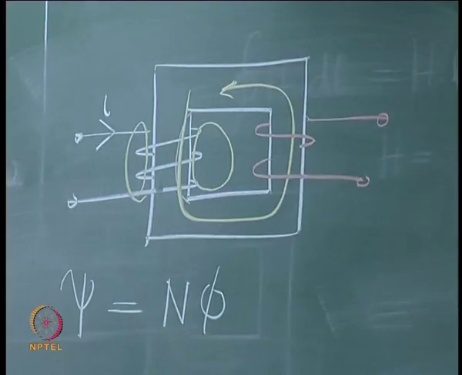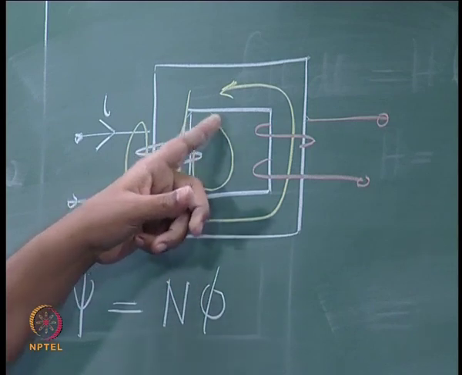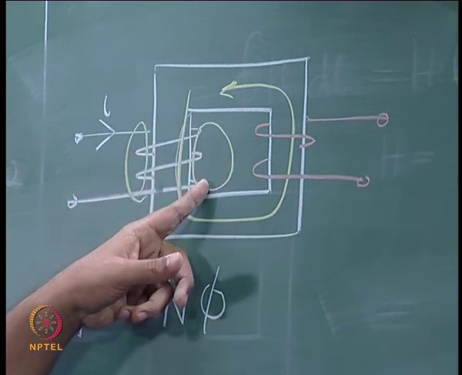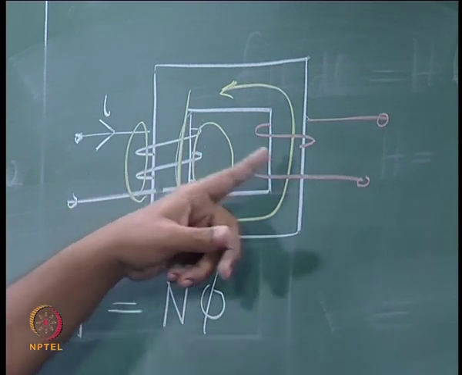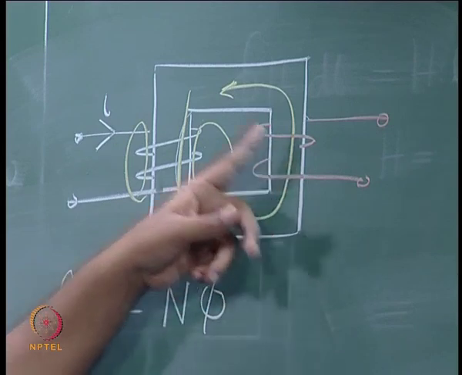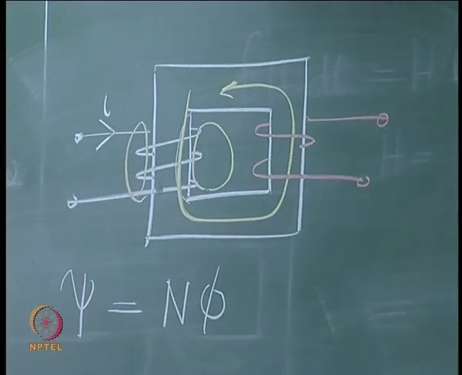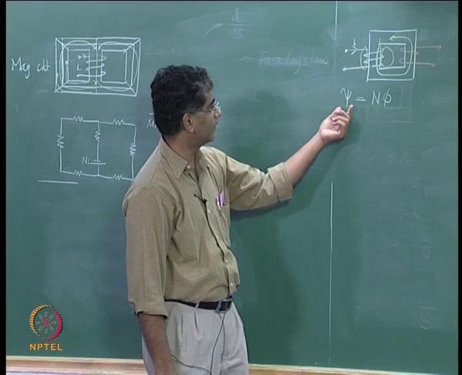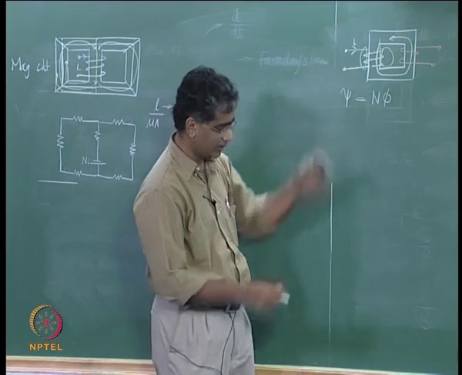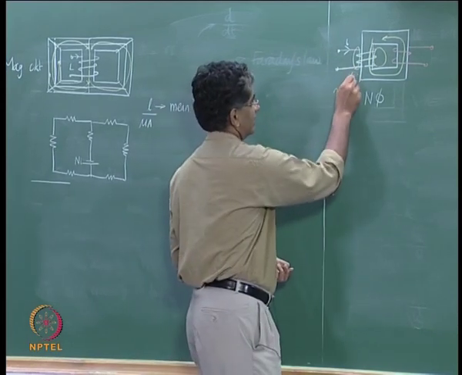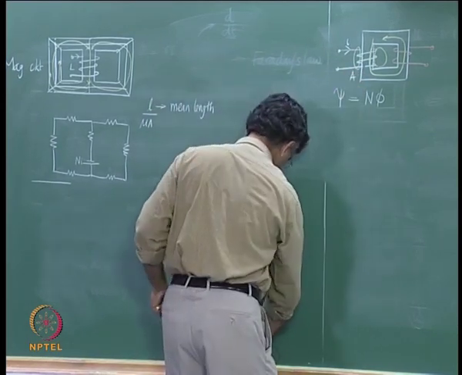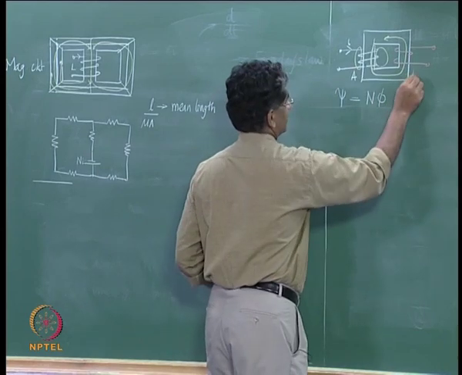Now there are some important differences. You can now see that the flux lines that are drawn here outside in the air do not link this loop, whereas flux lines that are in the iron do link this loop, and therefore when you talk of flux linkage of this coil, let us call this coil as A and this second coil as B.